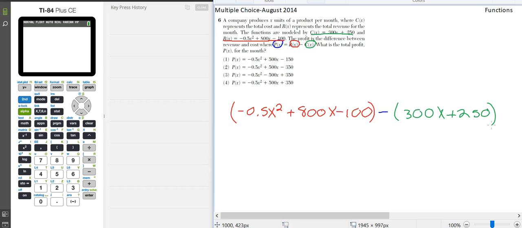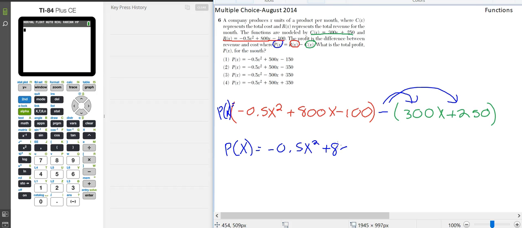Now all we have to do is simplify this. So we're going to distribute this minus sign. So P of x is equal to negative 0.5x squared plus 800x minus 100 minus 300x minus 250.